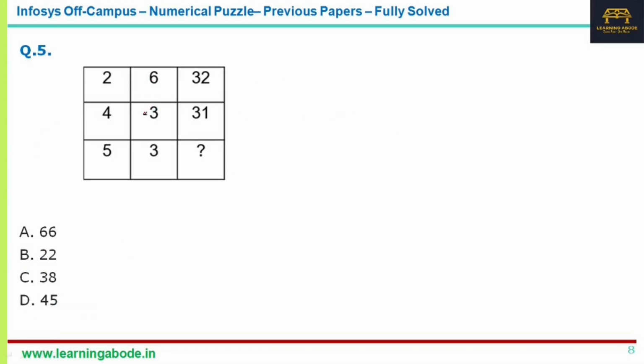Now the next question. This is a kind of a little tricky question. As you can guess, probably the first two cells are connected to the third cell. That much you can guess, but after that it is a little tricky as far as this question is concerned. So we'll try this.